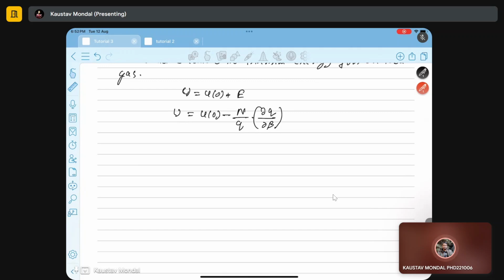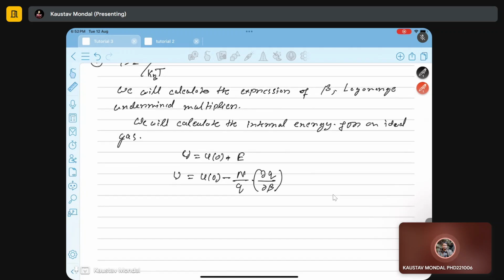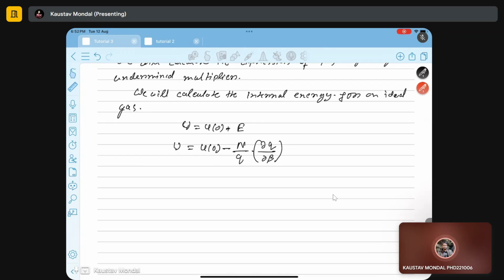Now from here we know Q is simply V by lambda cubed. Okay, so in the previous lecture, let's suppose for an ideal gas, how an ideal gas basically moves. An ideal gas basically moves in a container, right?